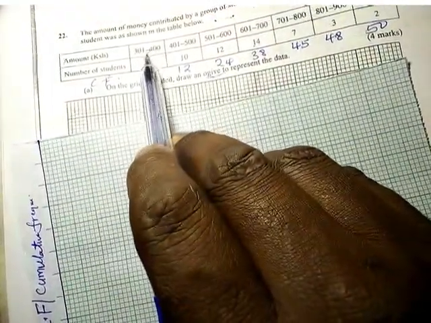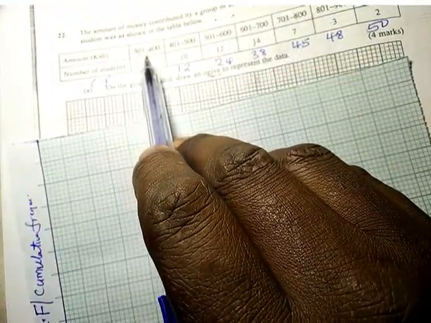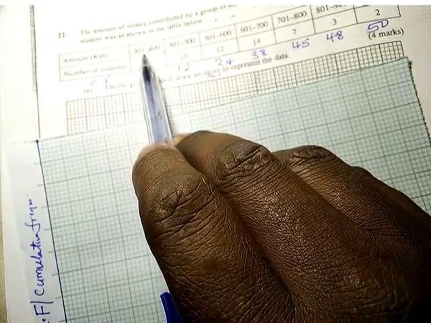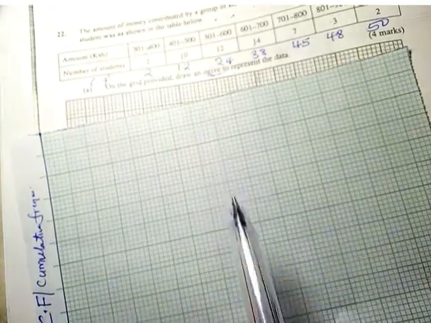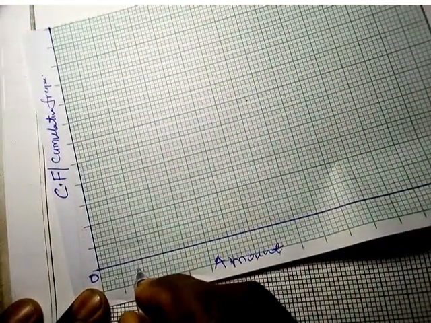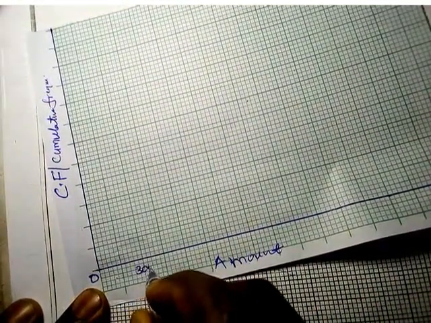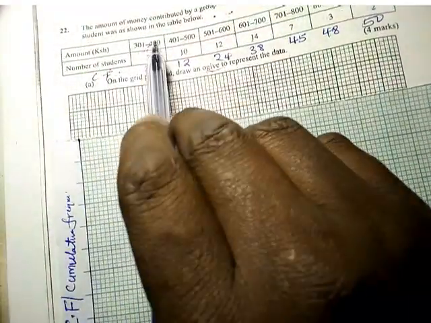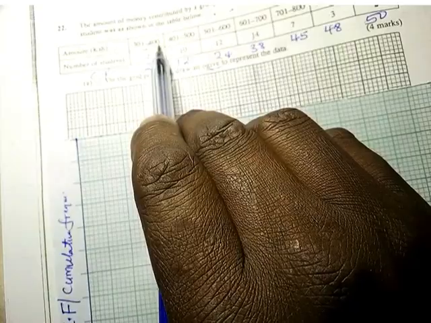So here we have 301. So the lower limit is going to be 300.5. So we start here, 300.5. The next one will be the lower limit of this, which is 400.5.